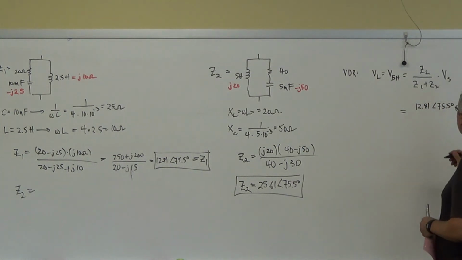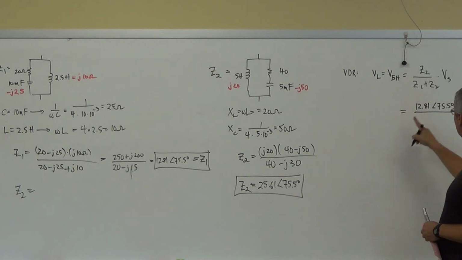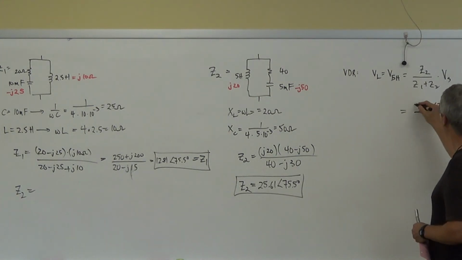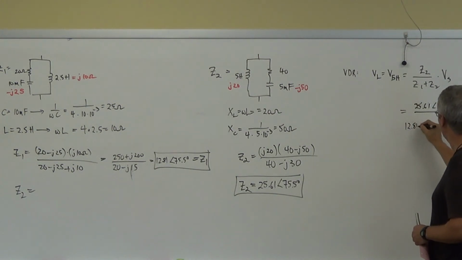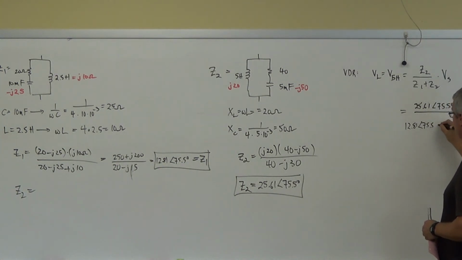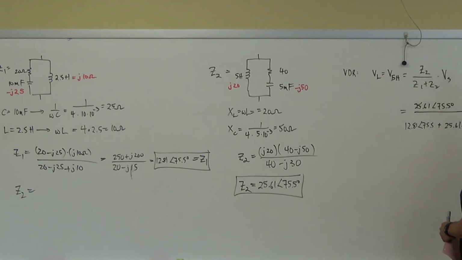Right? So if I do this, nope, I'm supposed to do 25.61. And then I add 12.81, 75.5, plus this 25.61, 75.5. And here's where the tricky thing is, with an angle of 60 here, is that now you pop into polar form.